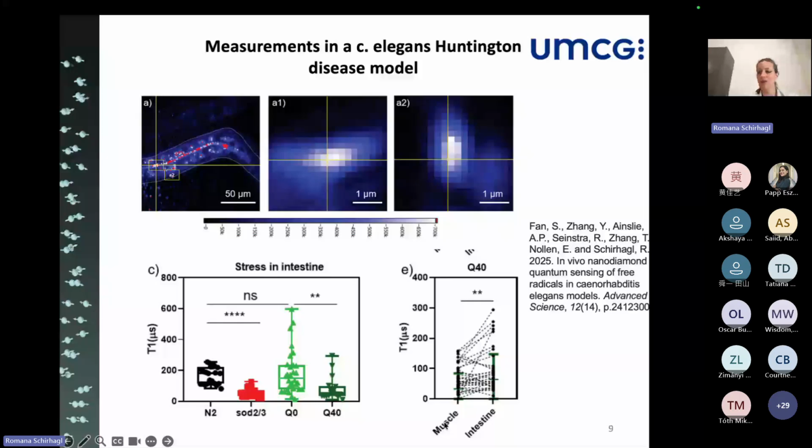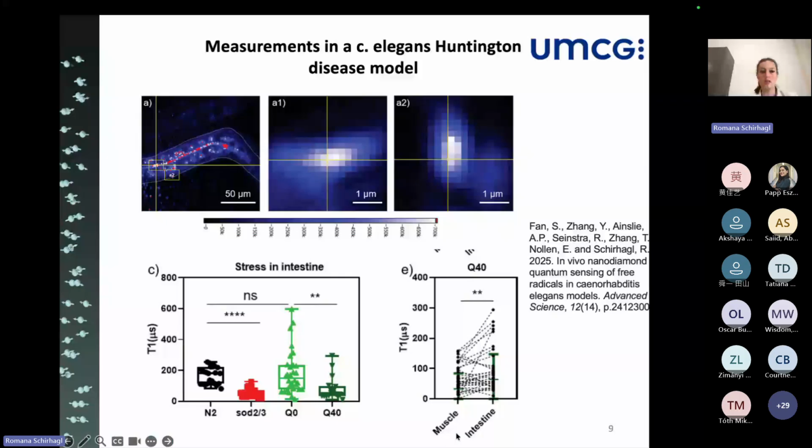But one thing about the calibration, we usually call it more an estimation, because it's very difficult to produce accurate concentrations of radicals in a test tube. So typically, we call it an estimation, but then you can estimate what concentrations this corresponds to. And typically, it's something in the nanomolar range.